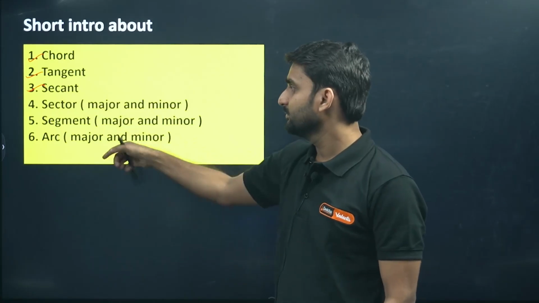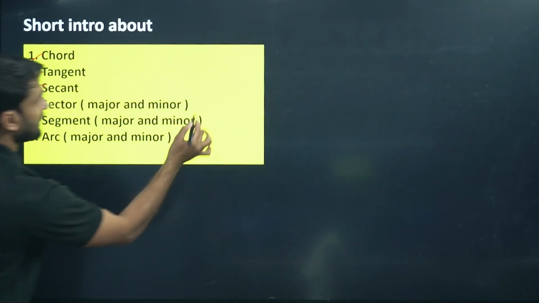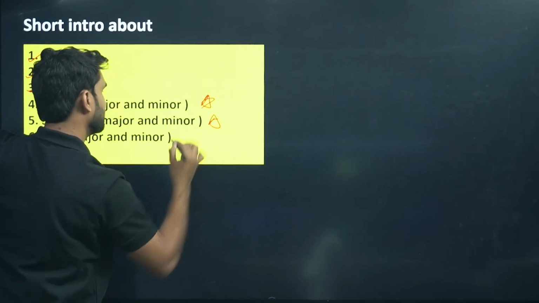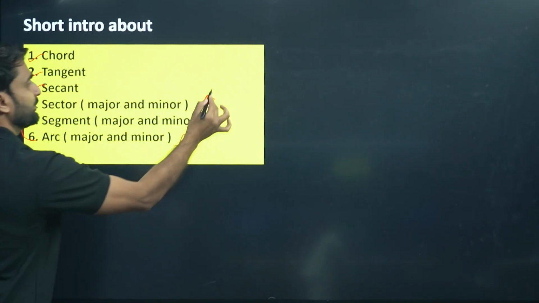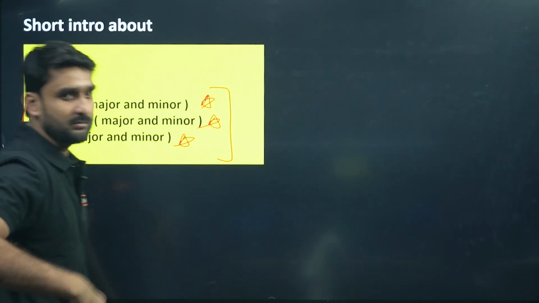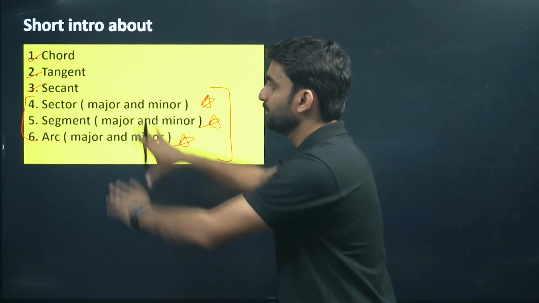So these both are very important, I can mark a star here. These 3 points are very important from the board examination point of view, because most of the questions we are going to solve from these parts.